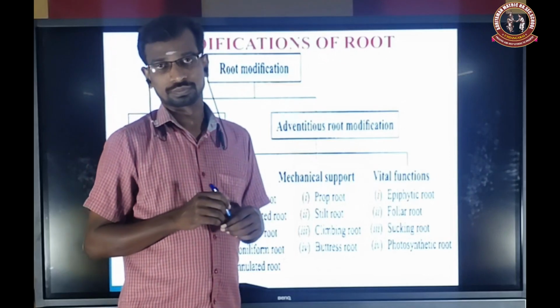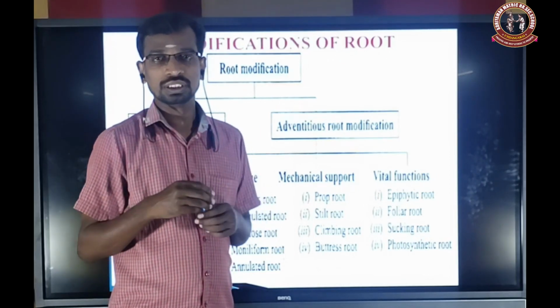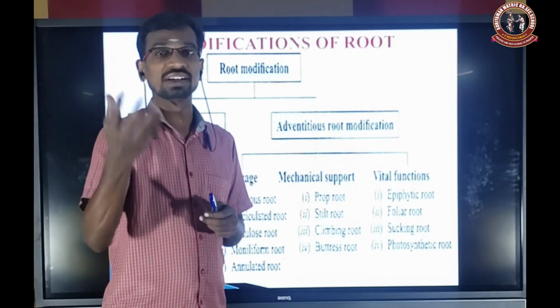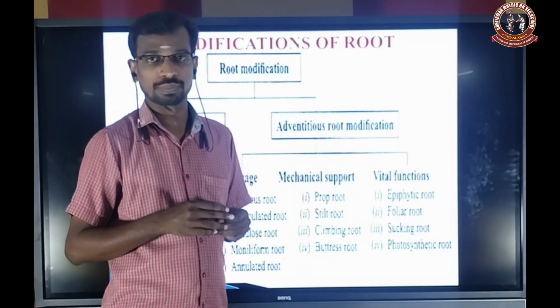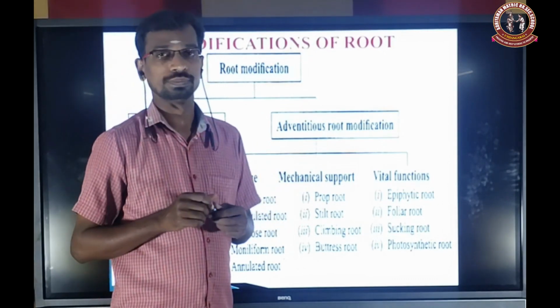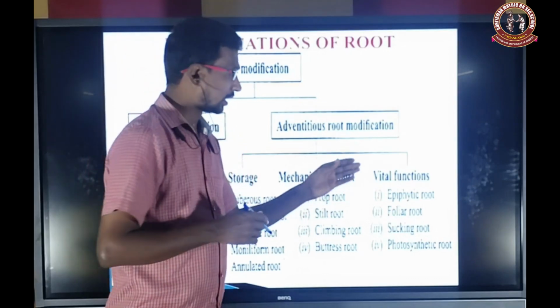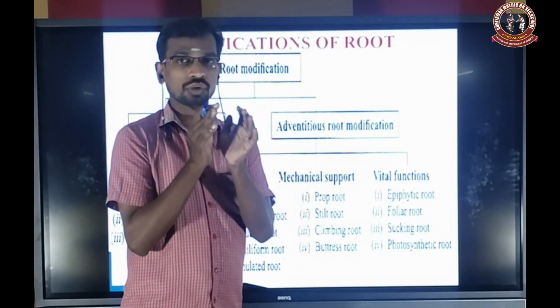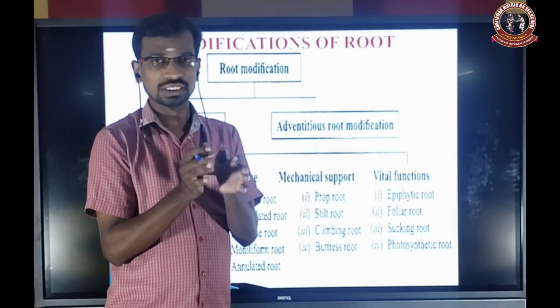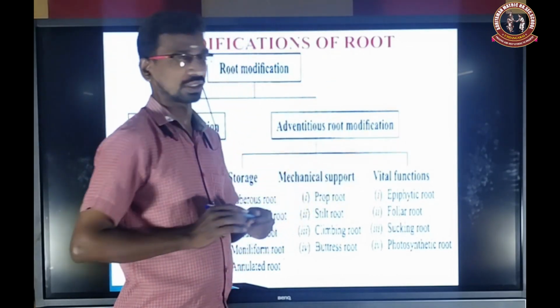Mechanical support: some adventitious roots provide additional support to particular plants. And then vital function. Here it is not a function of the root; it is a special kind, an exception case.